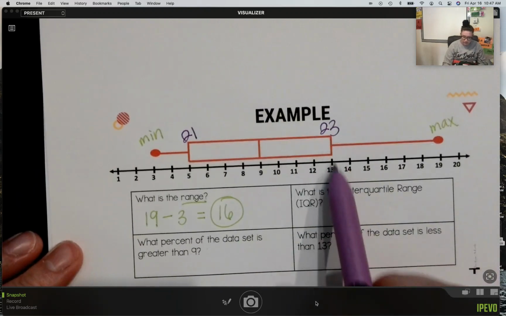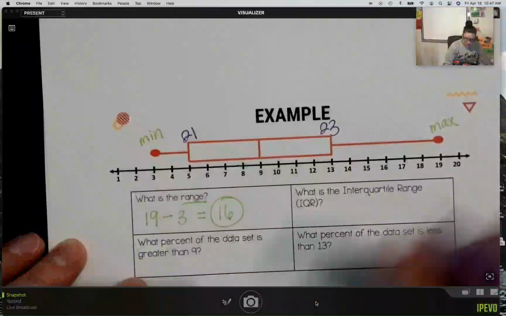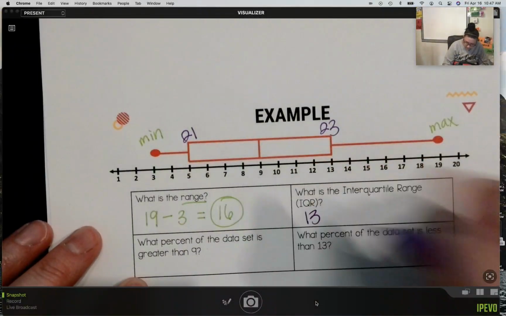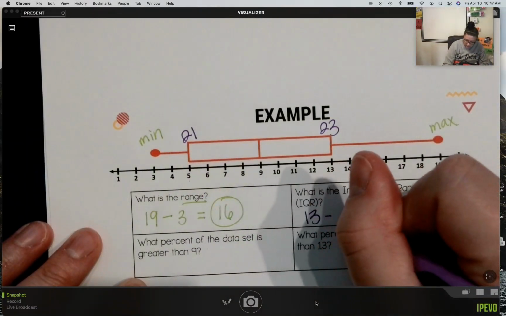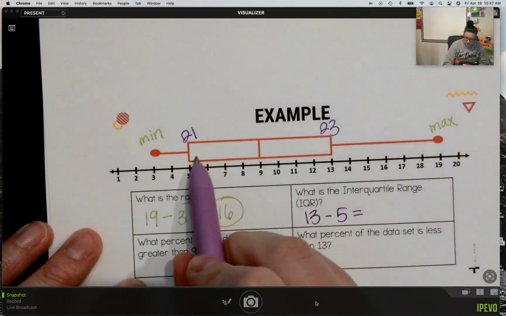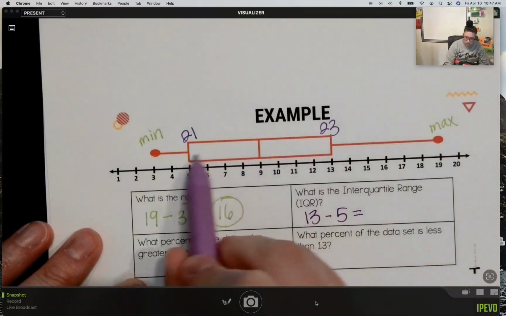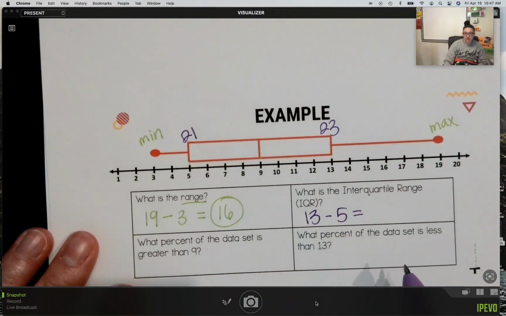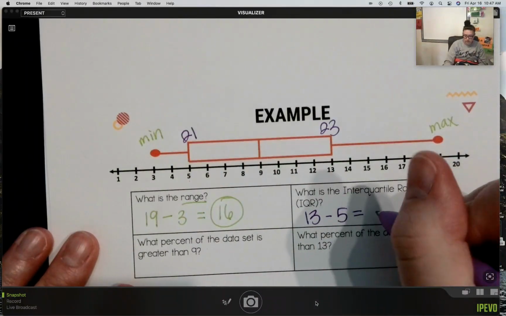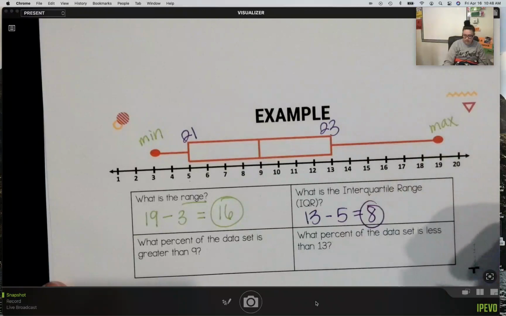My quartile 3 is 13. My quartile 1 is 5. I'm trying to see how far apart or how wide my box is. 13 minus 5 is 8.